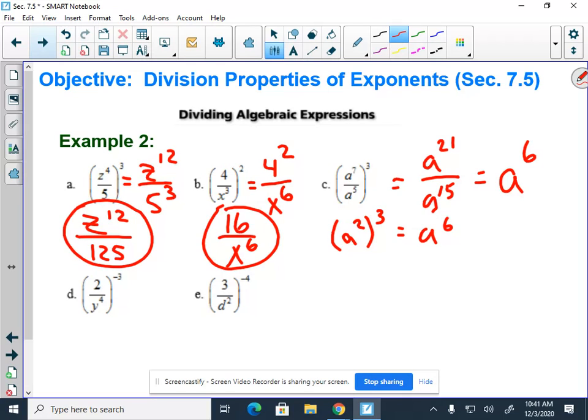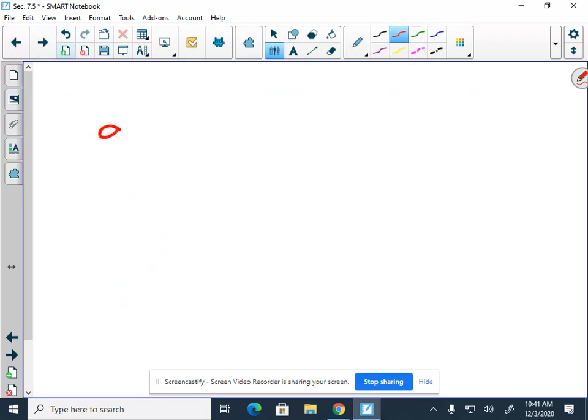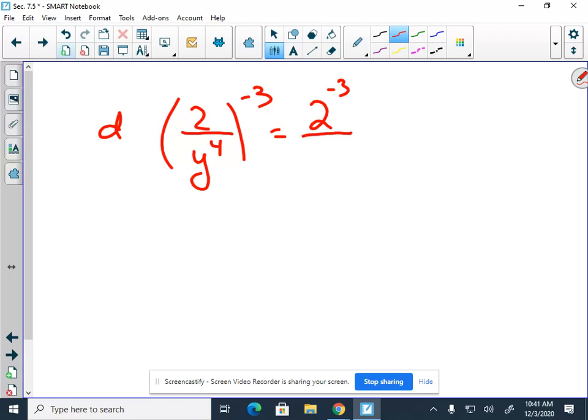Okay, this next one, D. 2 over y to the 4th, all to the negative 3. Now, many times when you get the negative exponent, it's going to take just a little bit longer. So I'm going to write 2 to the negative 3 over y to the negative 12. Now, my advice, the way I usually teach students to do this, is get rid of the negative exponents first and then do any multiplying.